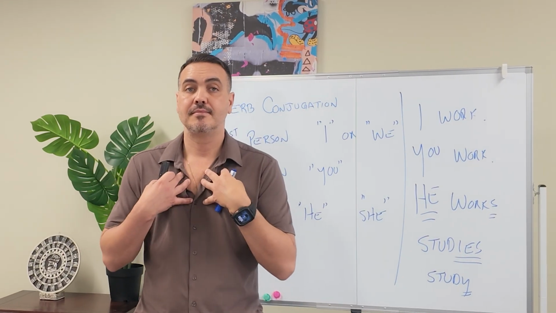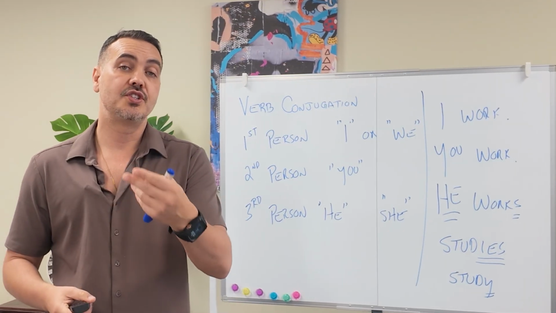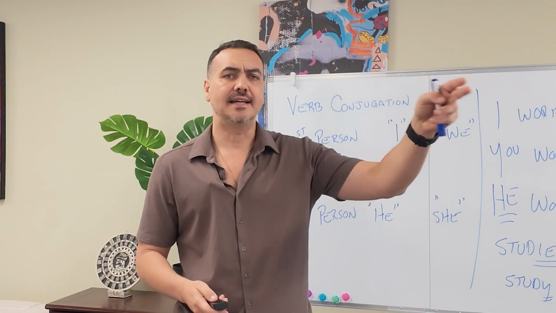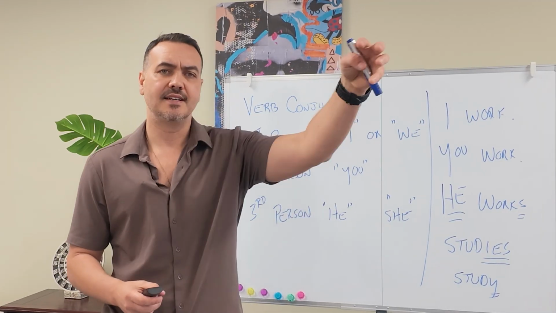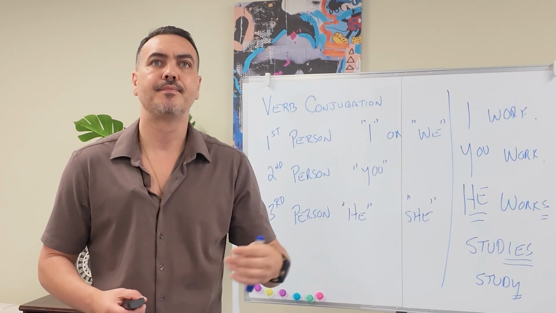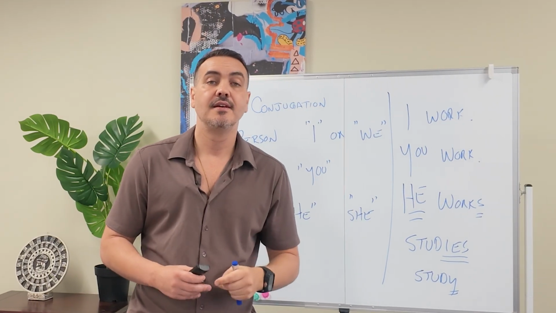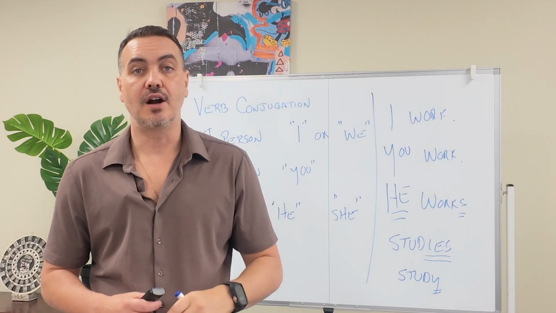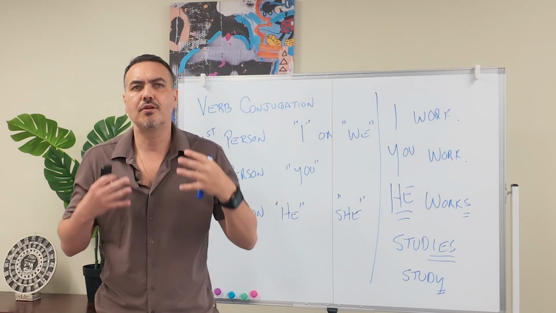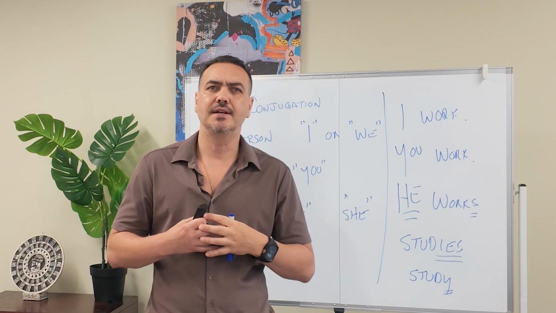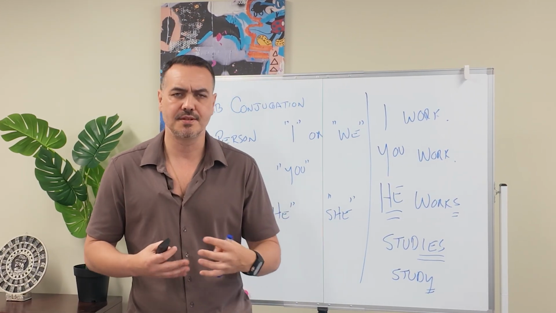I am a teacher. You are a student. He is a teacher. She is happy. We are friends. They are friends. The verb to be is one of the most important verbs in English. So it's important as you're learning to try and memorize these forms.